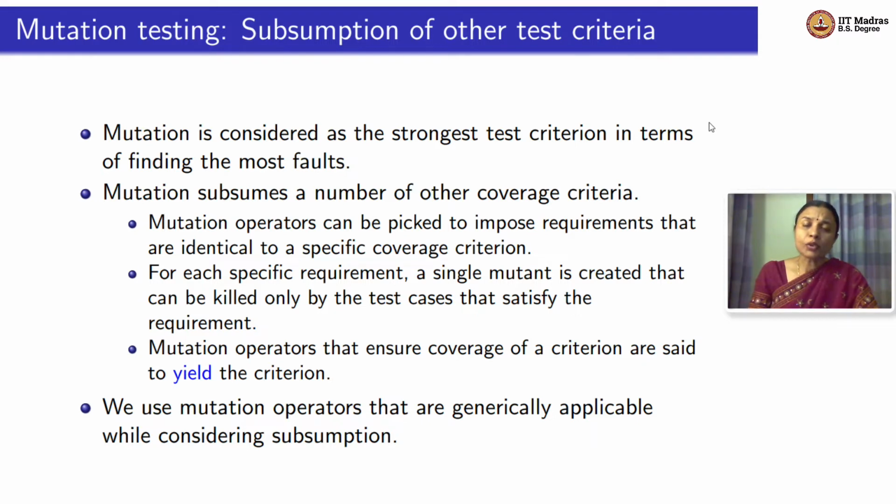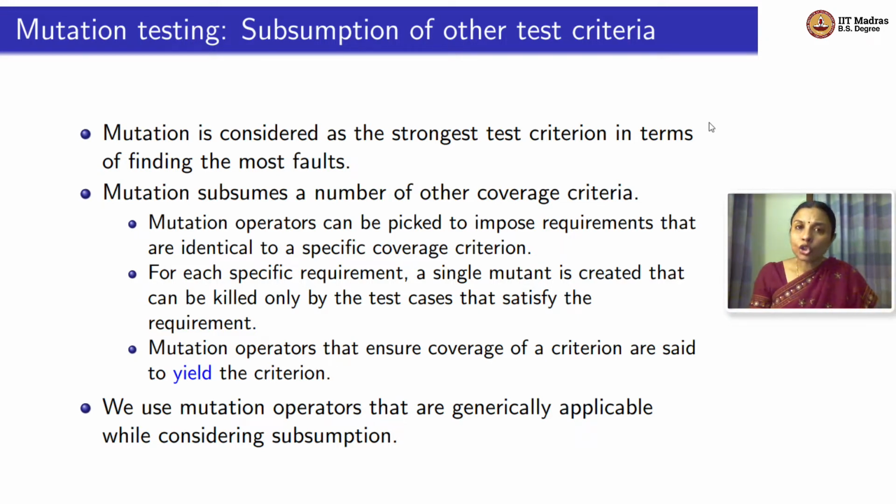The nice thing is mutation testing, even though its flavor seems to be different from graph-based testing and logic-based testing, you can recreate the same effect that you have on a specific criterion of graph or logic-based testing by using mutation testing.